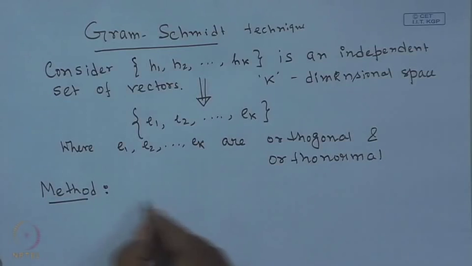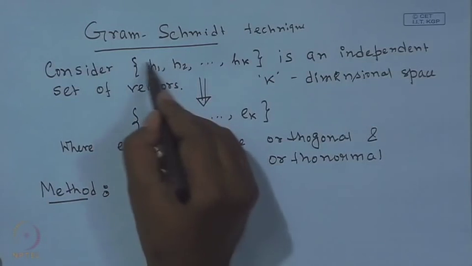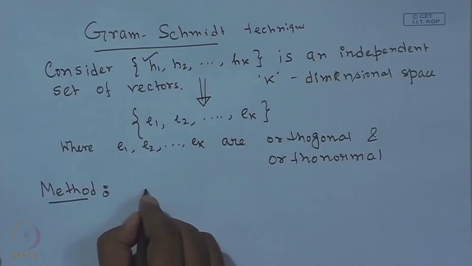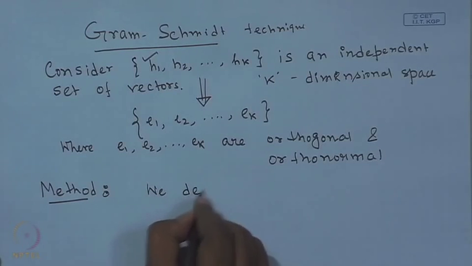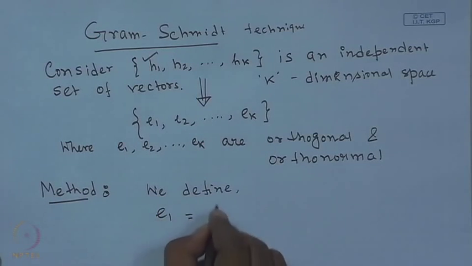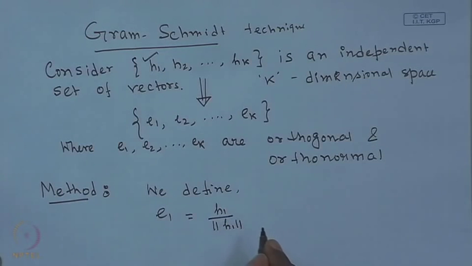So, let us look into the details of this method. We start with the first vector H 1. So, we define E 1 from this vector itself such that E 1 is H 1 divided by norm of H 1. If you look into the definition of this vector E 1, we can take the norm of this equation.